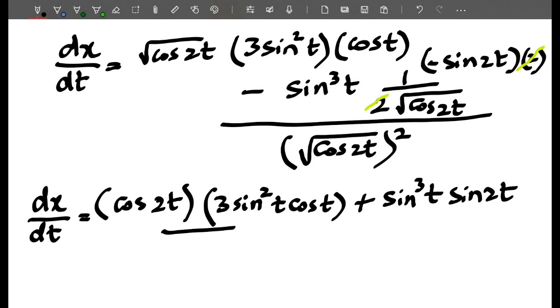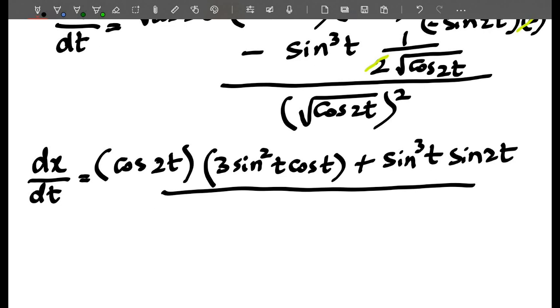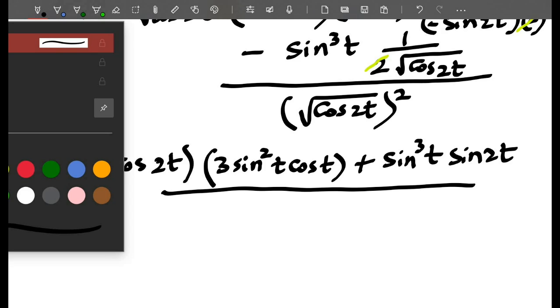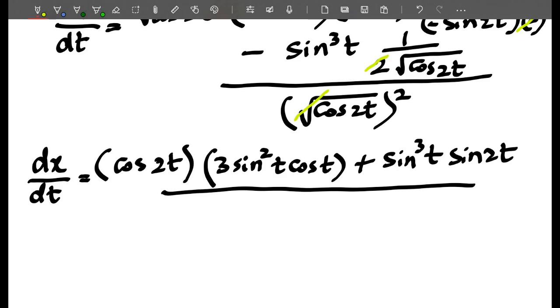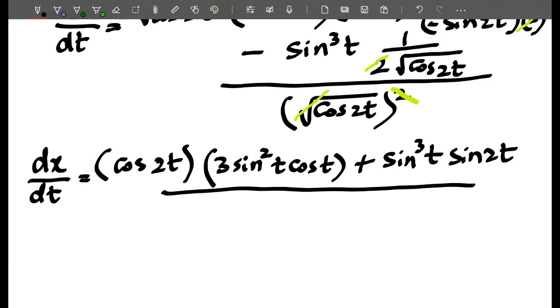Divided by, the square root of cos 2t is coming to the denominator part, and the square root and the square are getting cancelled. So you are getting it as cos 2t whole to the power of 1 plus half, because square root is nothing but half.